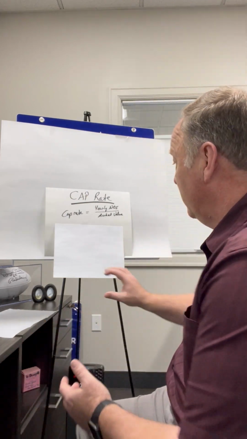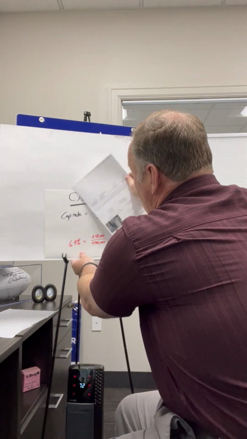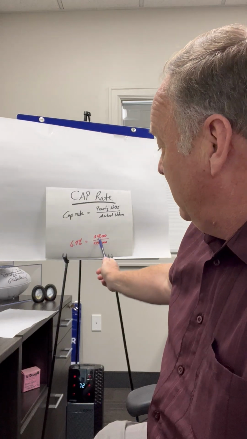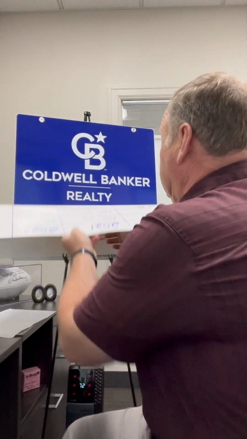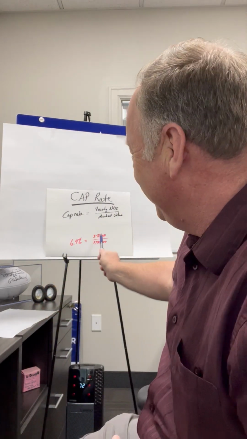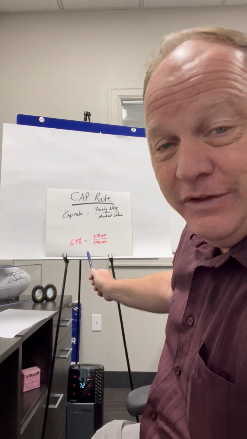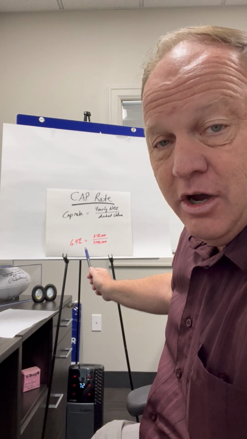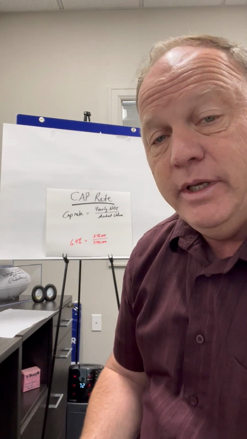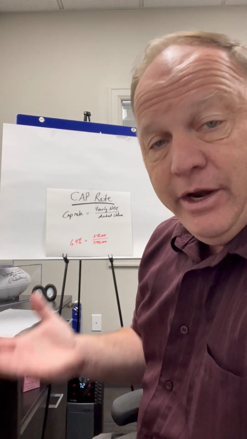So what we're going to do is, and I hope you can see the red, we're going to take the 48,000, divide it by $750,000, the cost of the unit, and we're going to get a cap rate of 6.4%. Now, the cap rate, the rate of return, the higher the cap rate, typically the better.